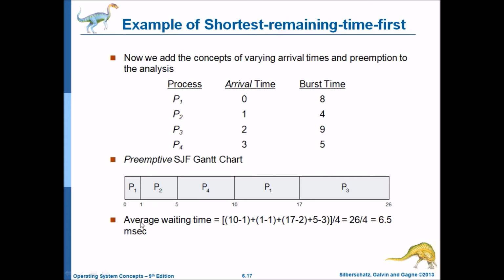So calculating for the average waiting time, for P1 we have 10 milliseconds minus 1, because it started at 0, so minus 1, plus P2 started at 1, but since it arrived at 1, minus 1, plus P3 with waiting time of 17 minus the arrival time of 2 milliseconds, plus P4 with waiting time of 5 milliseconds minus arrival time of 3, with the average of 6.5 milliseconds.